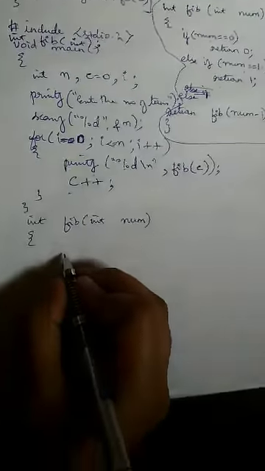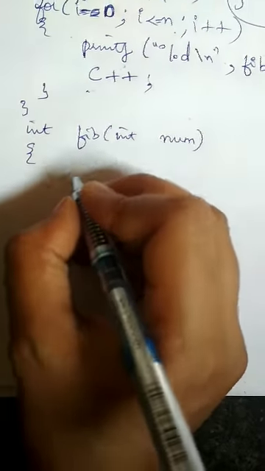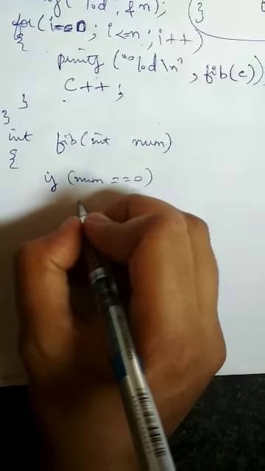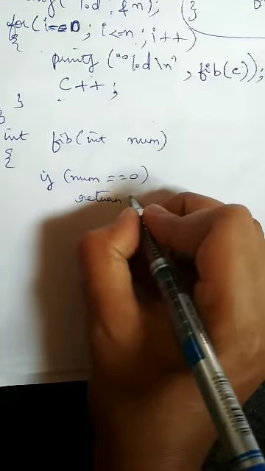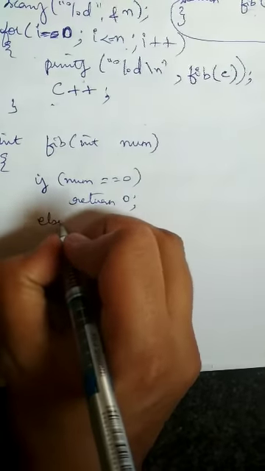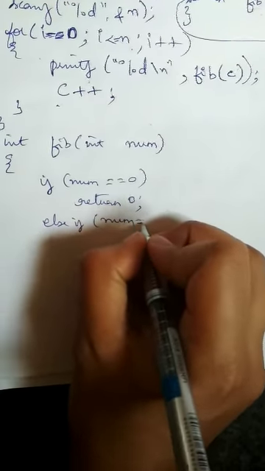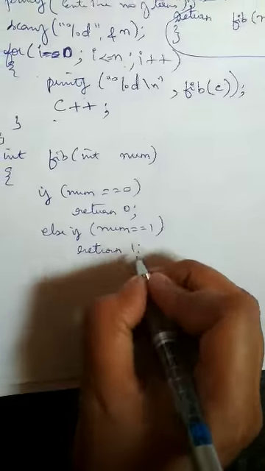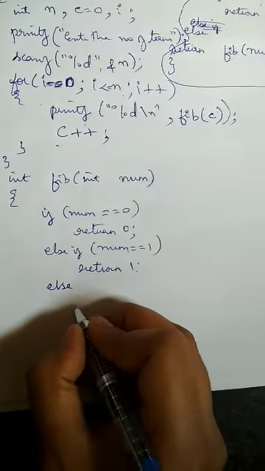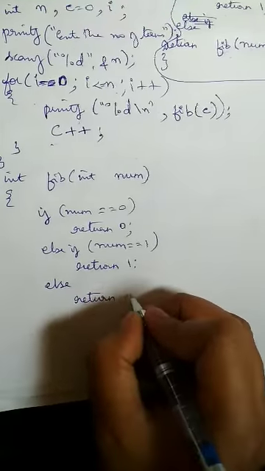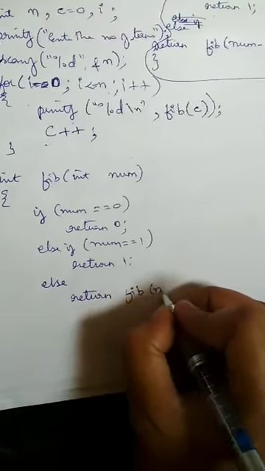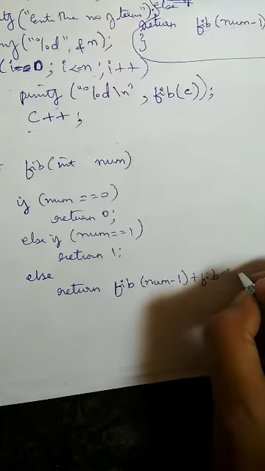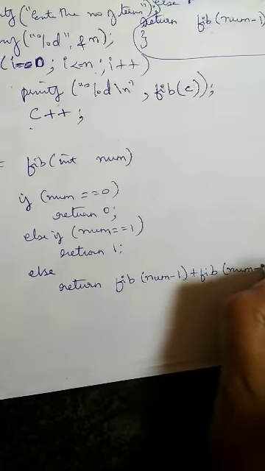Now function definition. Fib, I'm supposed to write if my number is equal to 0, return 0, else if the number is equal to 1, return 1, else, see, this statement is very important, return fib of number minus 1 plus the fib of number minus 2.